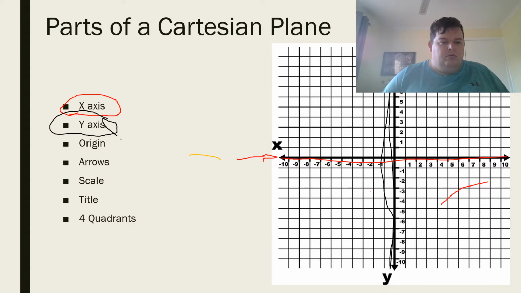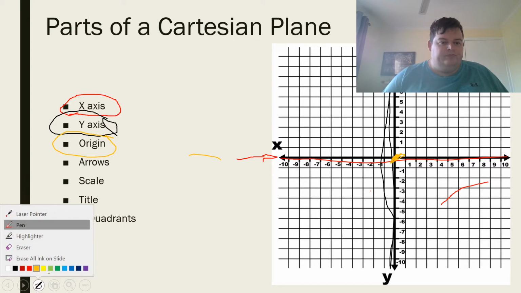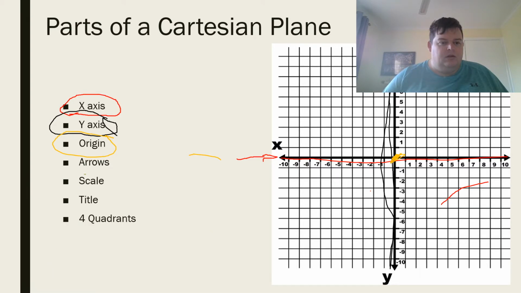The origin is the point at 0, 0, which is right in the middle there. Arrows are at the end of each axis, and they essentially show that these axes go on indefinitely. That's what these little arrows are for.